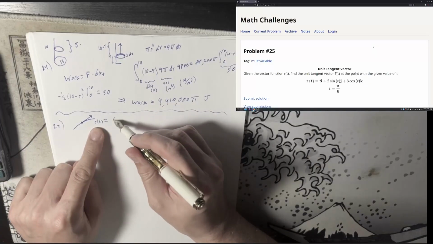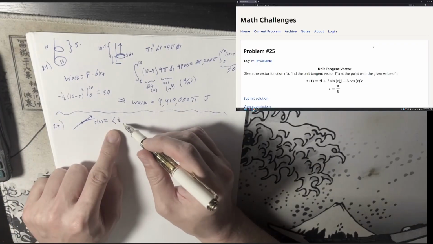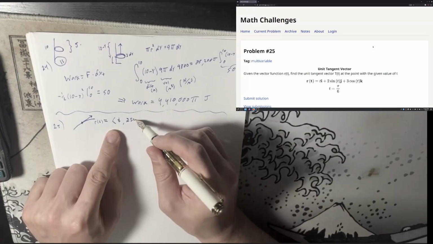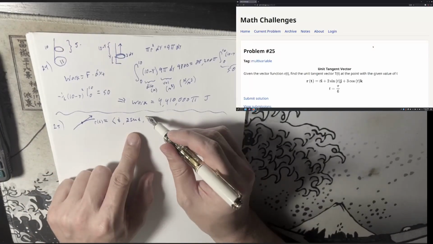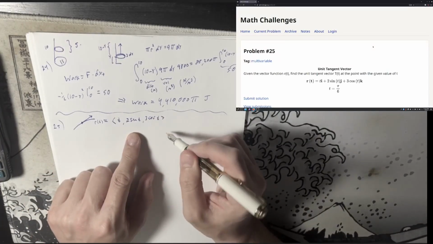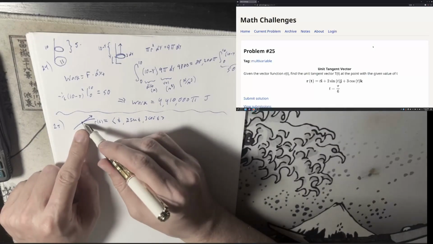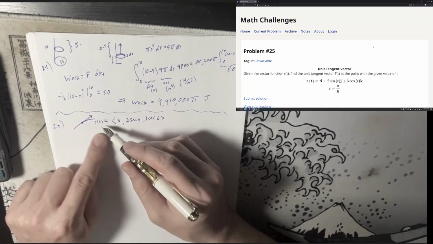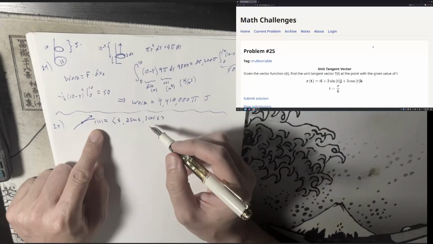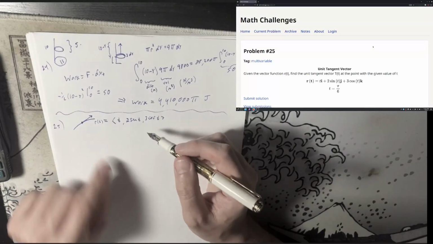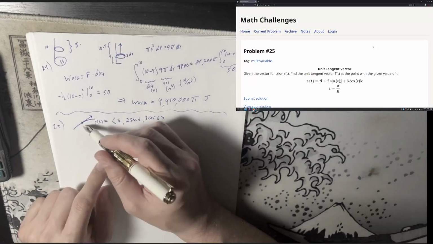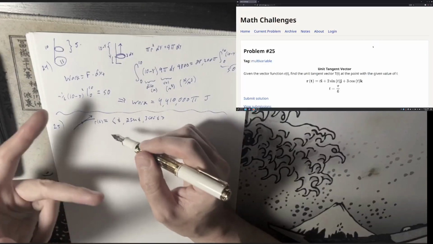So if this is r, which is a vector valued thing, but I really just think of it as position. If r is given to us by t, 2 sine of t and 3 cosine of t, this tangent vector is given just by its derivative. Just like in 2 dimensions or even 1 dimension, I suppose, we've got derivatives in 3 different directions.